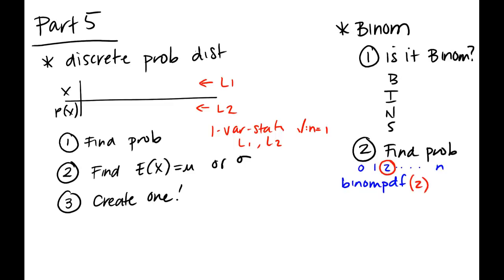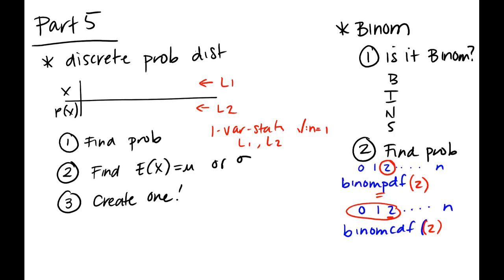Then I'm just doing binom PDF of 2, P for that 1 outcome. If I do 0, 1, 2, all the way up to our final number, and I circle from 0 up to a number, then I'm doing binom CDF, where the last thing I put in is the last digit that we care about, right?